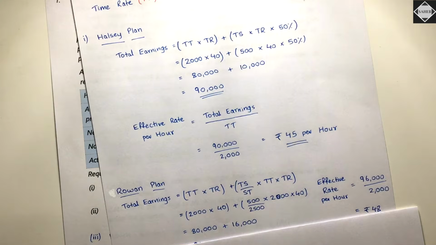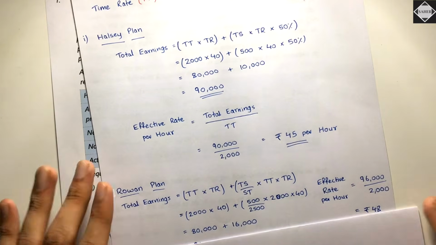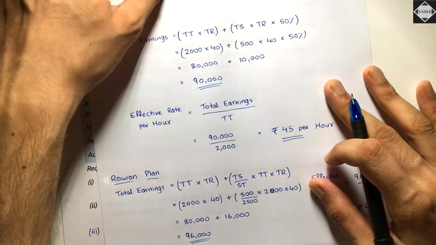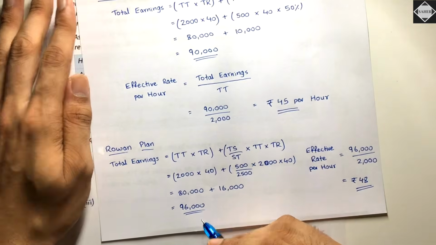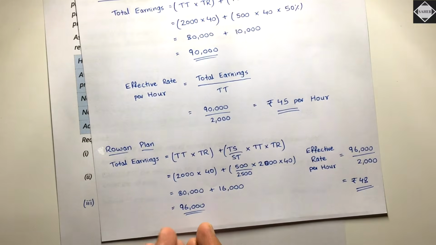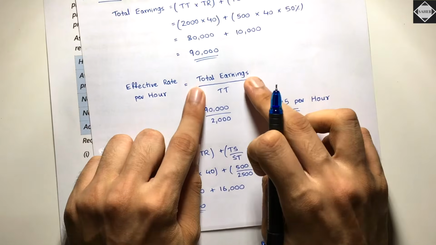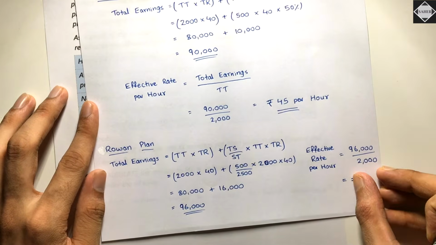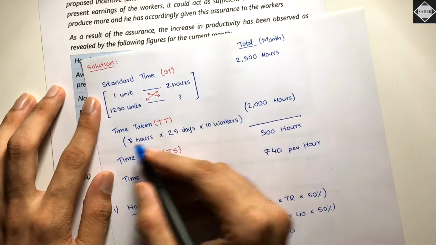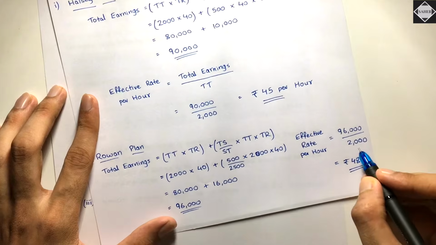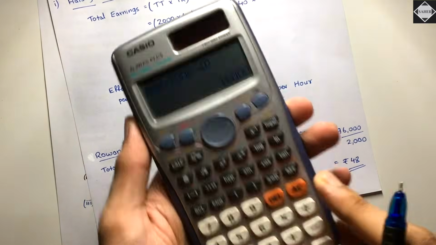So 80,000 plus 16,000 is equal to 96,000. These are the total earnings under the Rowan plan. Now you take this and apply the same formula: total earnings under Rowan plan divided by the time taken, which is the same. Time taken won't change, it's 2000 hours only. So 96,000 divided by 2000, that's equal to 48 rupees.